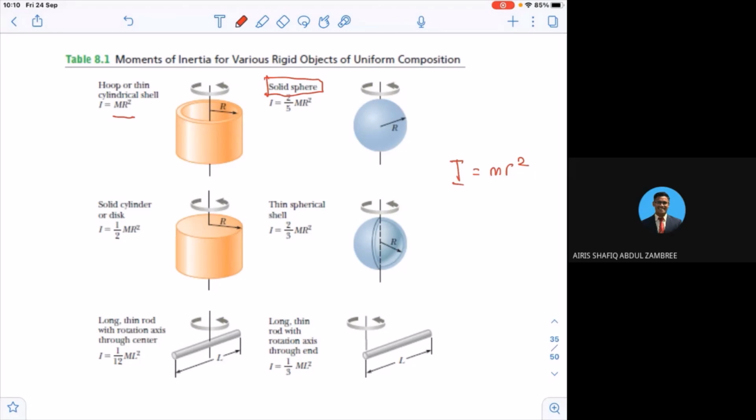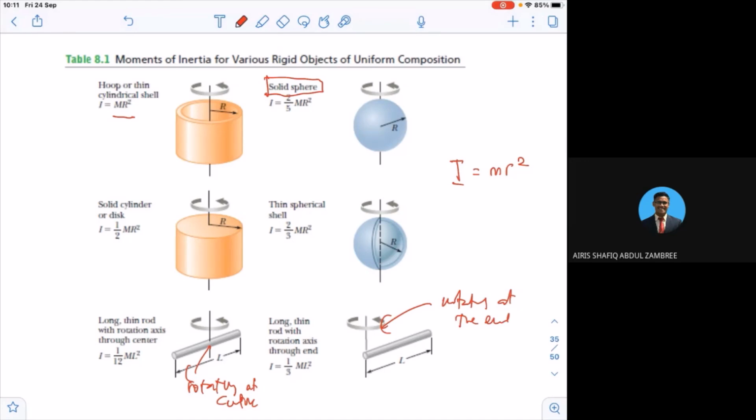The thin spherical shell is hollow, but in the form of a sphere. There is also a long thin rod that has two possible axes of rotation: on the left side it is rotated at the center, and the other is rotating at the end. This is taken from your textbook.